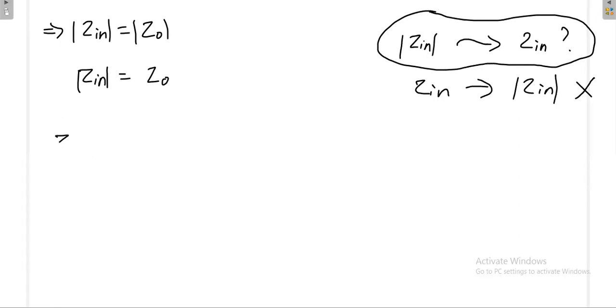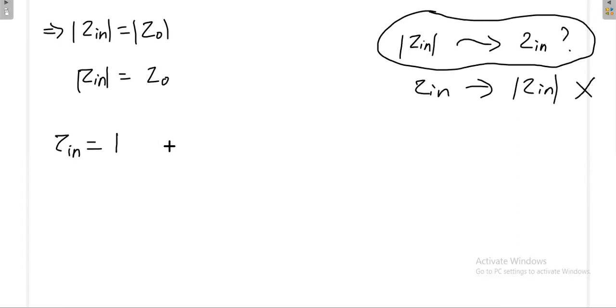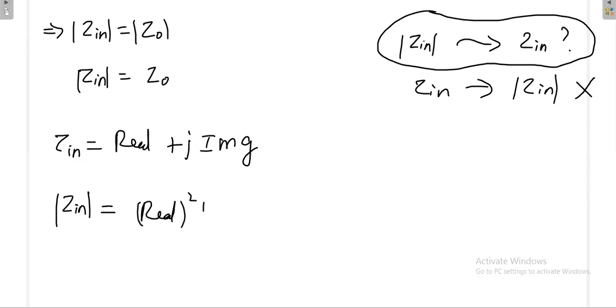I will get some input impedance that consists of a real part plus an imaginary part. That can be anything, which I don't know. But what is known to me is that if you take the magnitude of this, the square root of the real part squared plus the imaginary part squared, then that should be equal to Z naught.